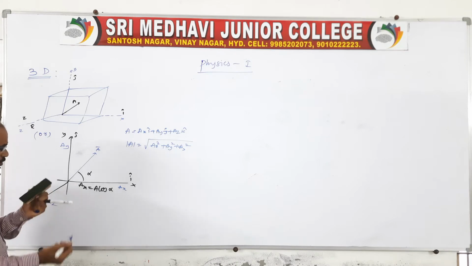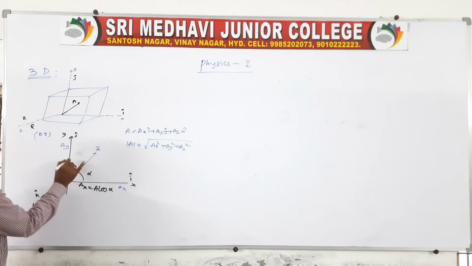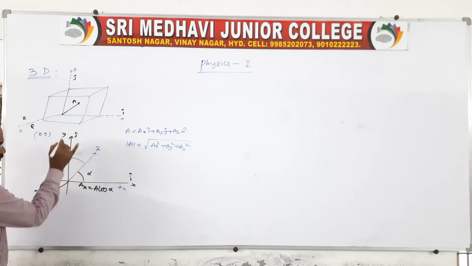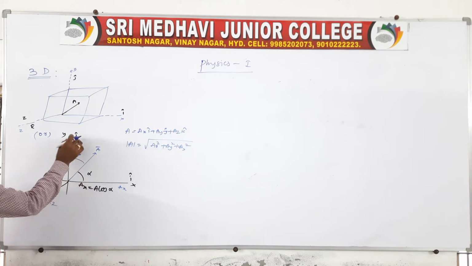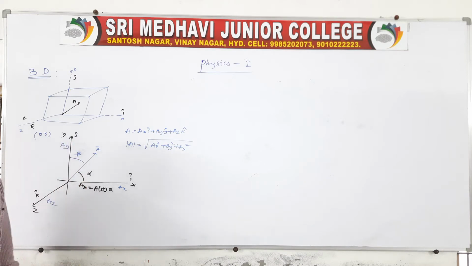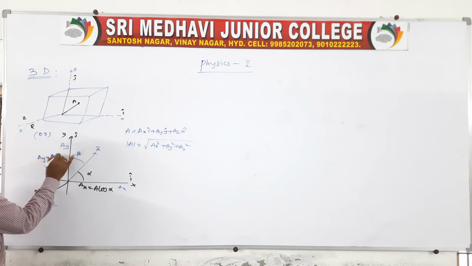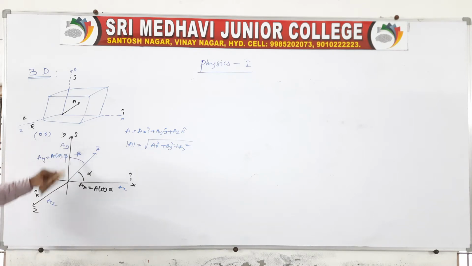Now let us go with the same vector making an angle beta with the y-axis. Then with the beta angle, the vector A can again be resolved into components. Very simple: the angle with the axis is represented as cos. So Ay = A cos beta, because the angle with the y-axis is beta.